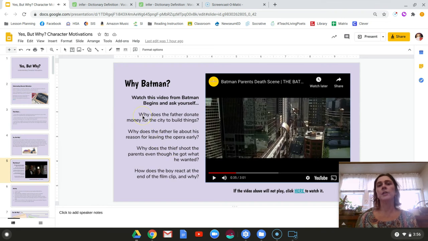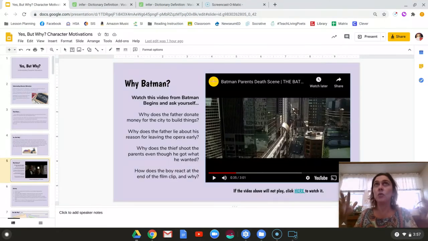Okay, so our first question here is, why does the father donate money for the city to build things? Basically, he says Gotham has been good to them, but he doesn't specifically say in what way. He says that the city's suffering and it needs help. He points to that giant tower with his name on it, which indicates to us, even though he doesn't come out and say it, that number one, the guy's got boatloads of money.